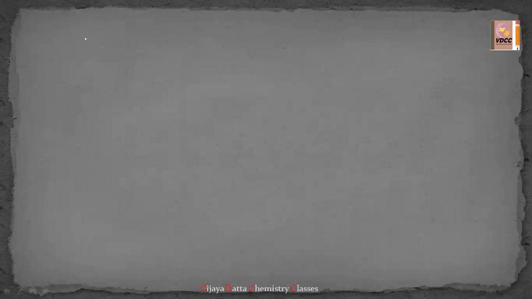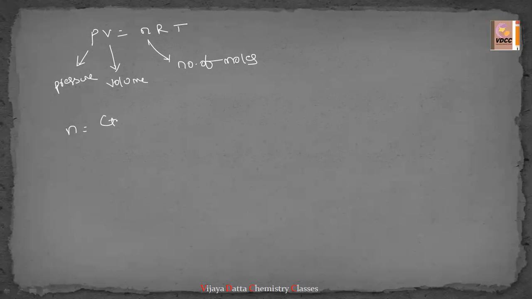Already in the last class we derived that PV equals nRT, where P is the pressure, V is the volume, and n is the number of moles. We already know that the formula for number of moles is n equal to given weight by gram molecular weight.